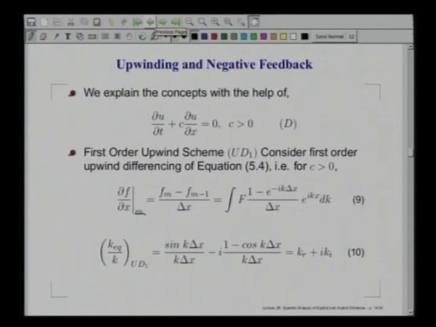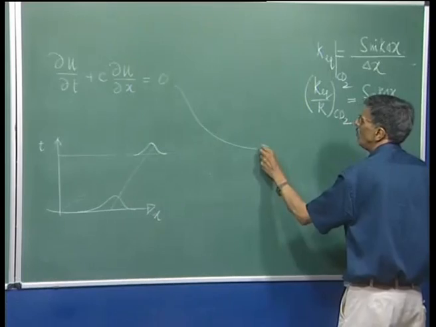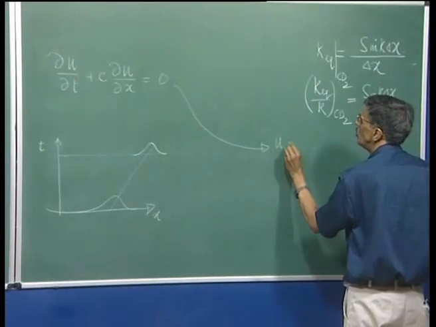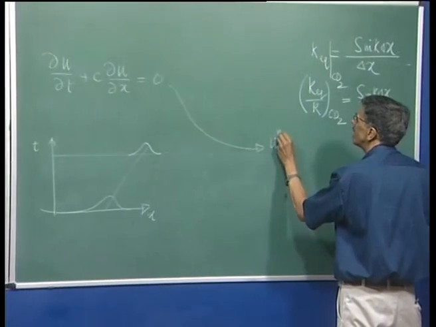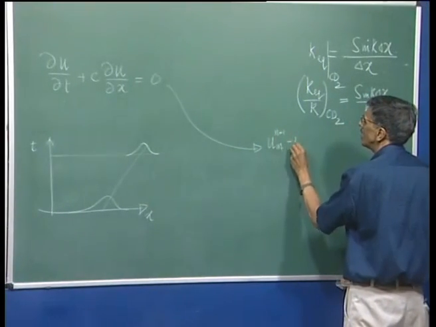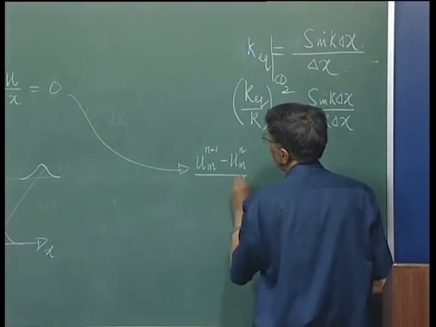having obtained this scheme here, del f del x, what we could do is basically, if I am writing this, I will be writing here u, we are looking at the mth node. So, I will be writing here like this, u m n by delta t.